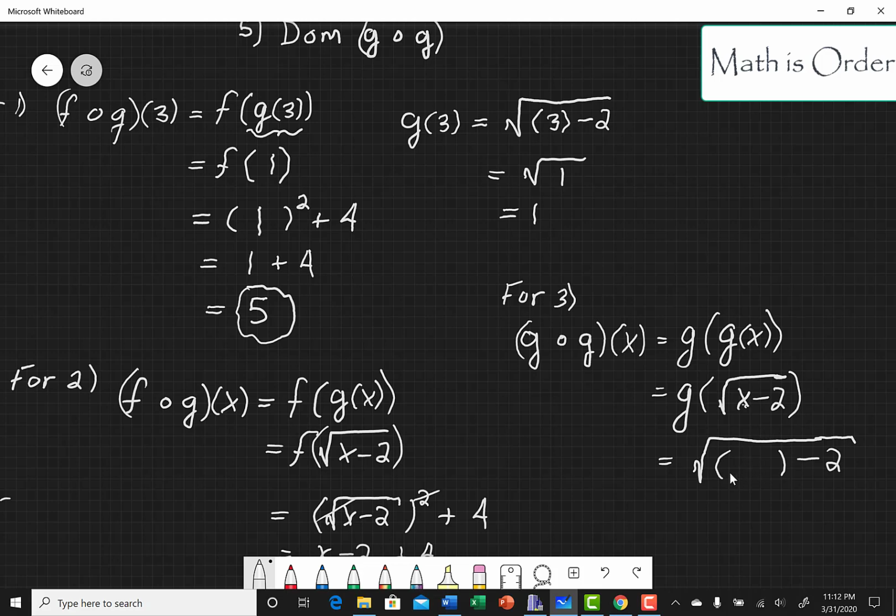And what is this something I'm putting in place of x? Square root of x minus 2. So I'm going to put square root of x minus 2 here. All right. And this is our final answer. We can't simplify this any further.